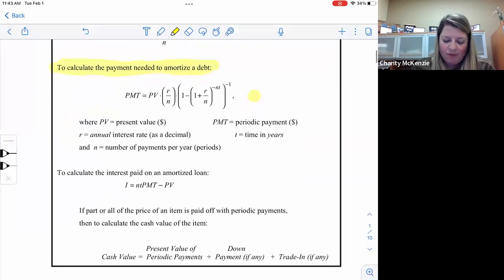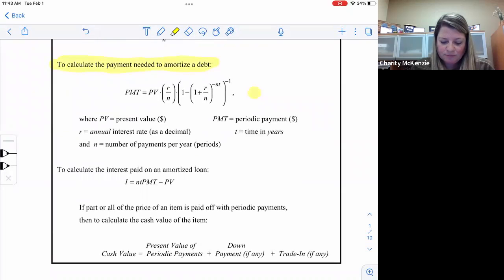It kind of goes over all the different things each one stands for again: PMT, payment right here. PV is present value of that item. So right now, if I bought a car for 20,000, my present value of the car is 20,000. When I purchase it and I drive off, now it's worth 10, pretty close though.